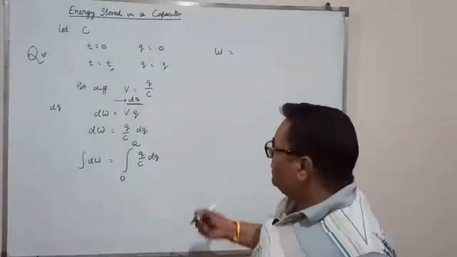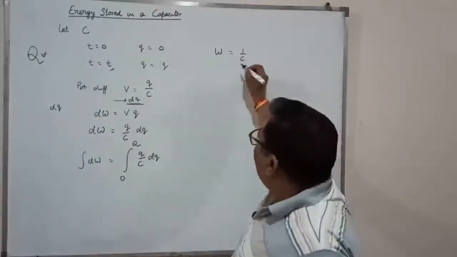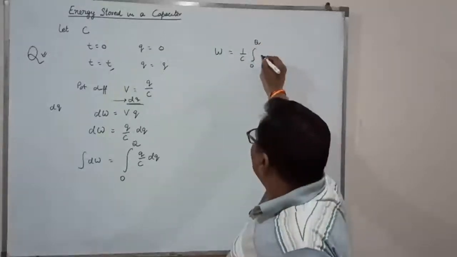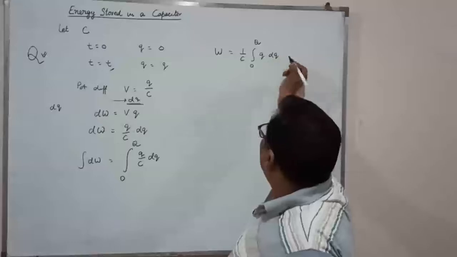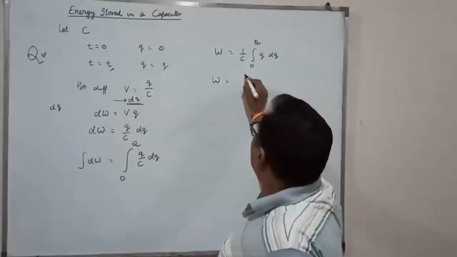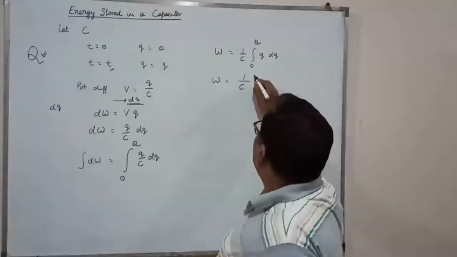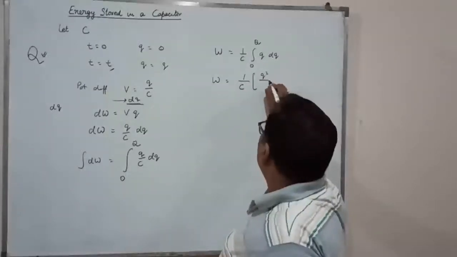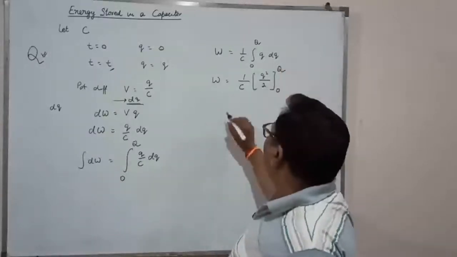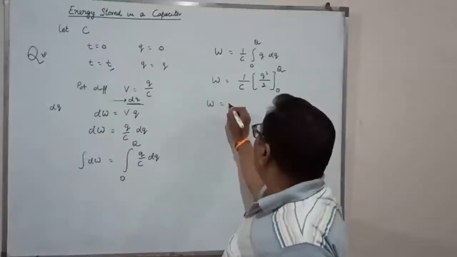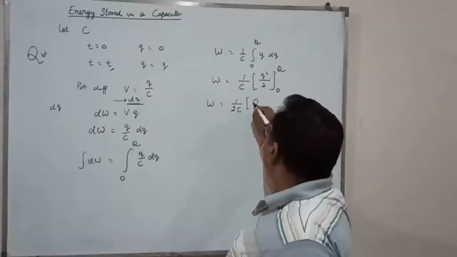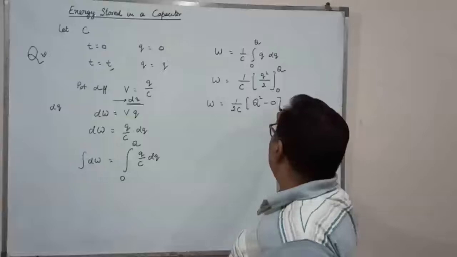W is equal to 1 by C integral 0 to Q of q dq, and on integration W is equal to 1 upon C into q square by 2 from 0 to Q, or W is equal to 1 upon 2C Q square minus 0.